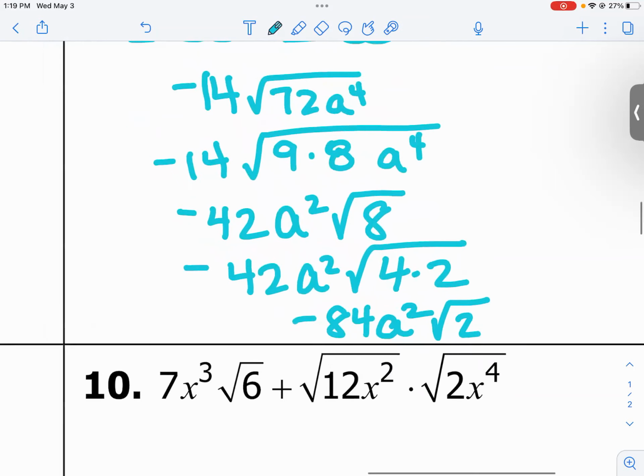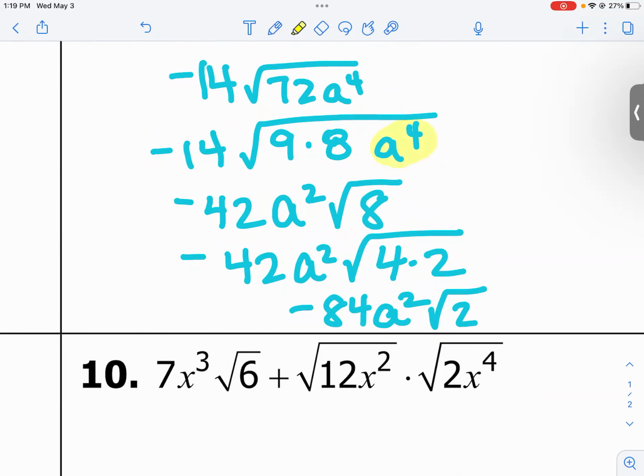Okay, so I'm gonna stop you real quick. If a to the fourth is underneath the radical, it comes out as a squared and it's not under the radical. Now, what happened with Kane's explanation is that when he picked 9 times 8, 9 was not the biggest perfect square that divided into this.